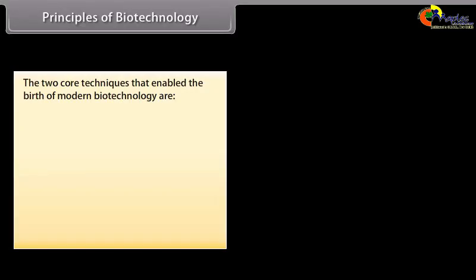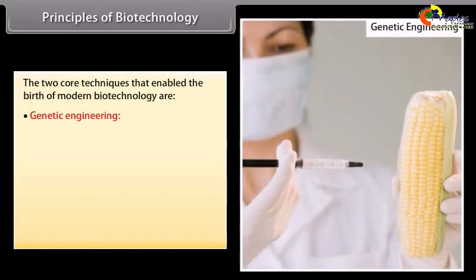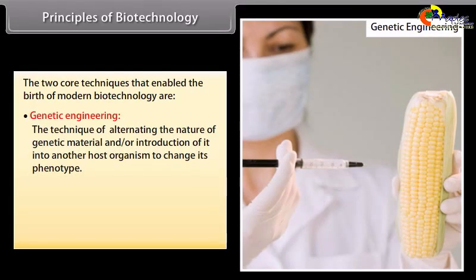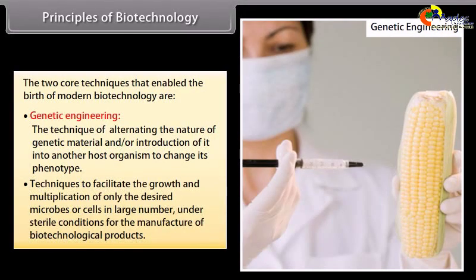The two core techniques that enabled the birth of modern biotechnology are genetic engineering, the technique of altering the nature of genetic material and/or introduction of it into another host organism to change its phenotype. And techniques to facilitate the growth and multiplication of only the desired microbes or cells in large number under sterile conditions for the manufacture of biotechnological products.